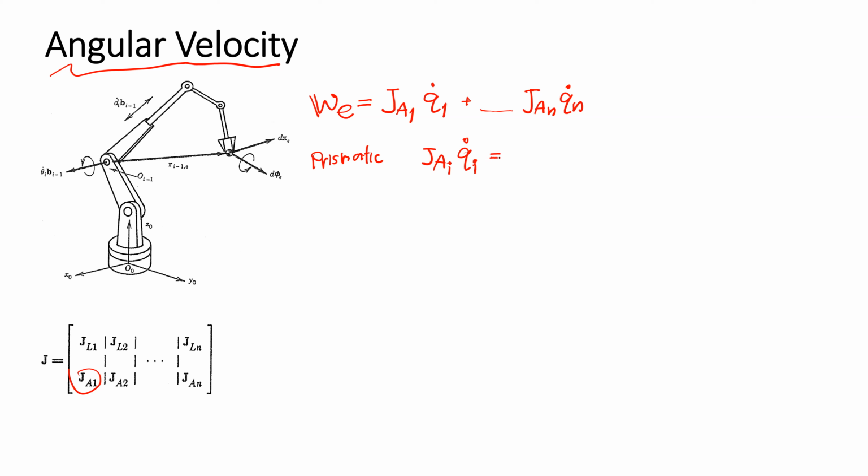Do you think the prismatic joint can create any angular velocity at the endpoint or not? Do you think the speed in the prismatic joint can affect the angular velocity at the endpoint or not, in your opinion?